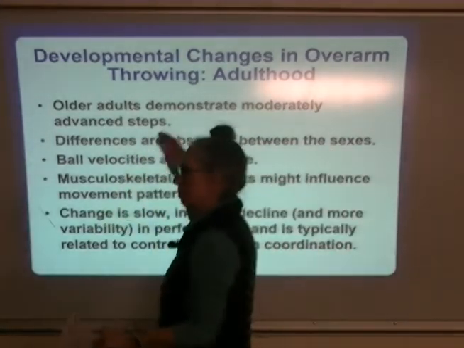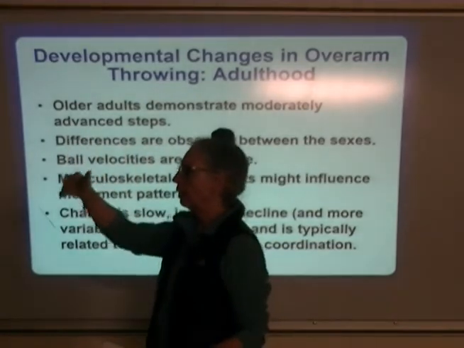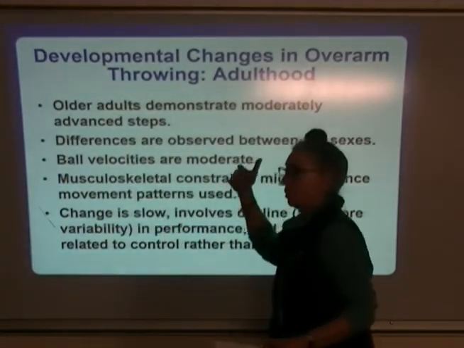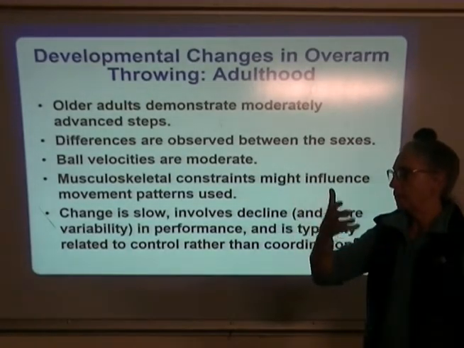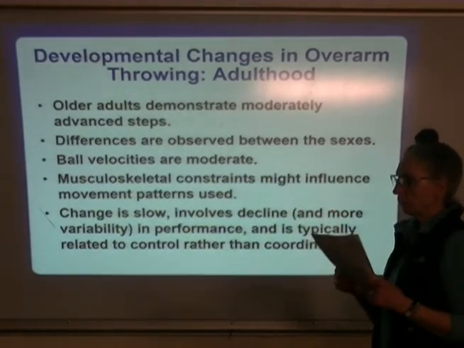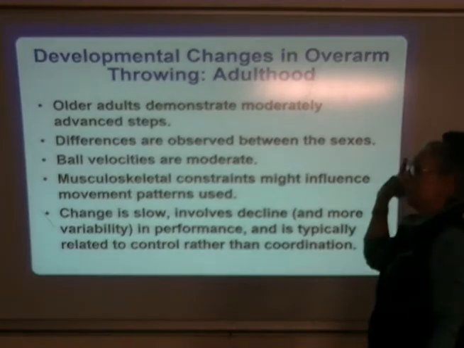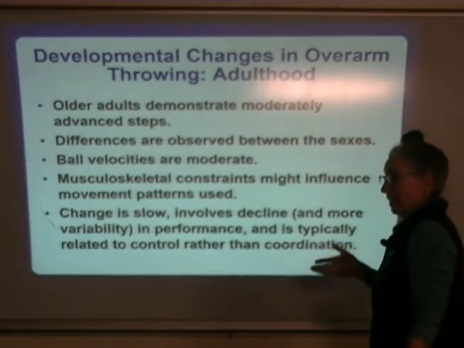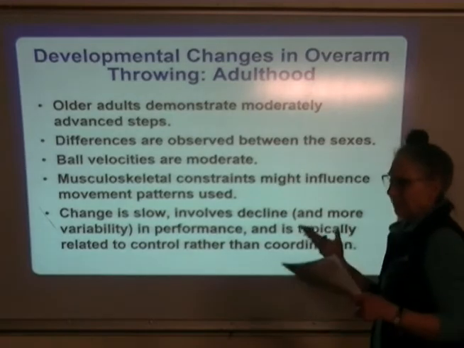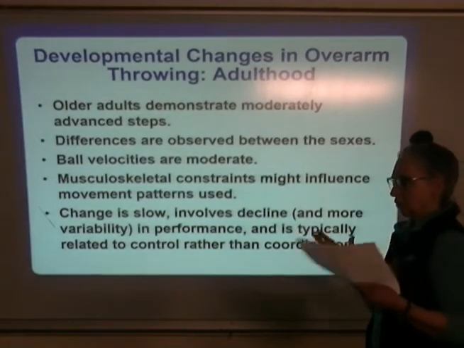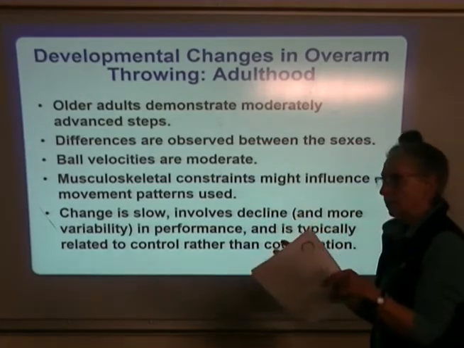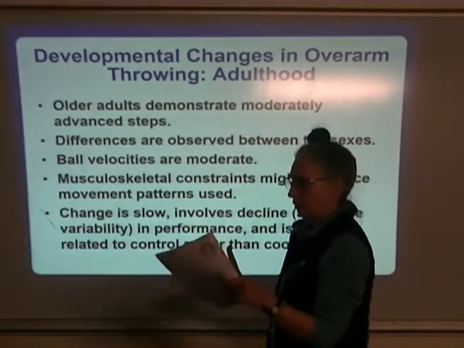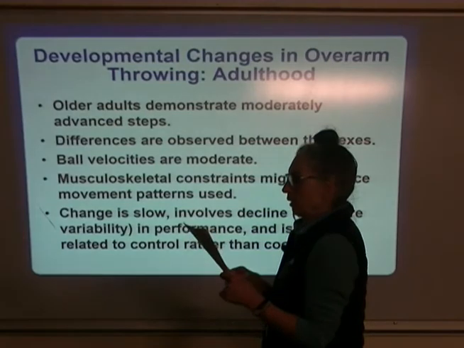It doesn't matter what age group we look at, we see that girls don't throw, women don't throw, as well as boys or men, right? The more experienced the female is with movement and throwing, then obviously the better form she's going to have, but we really don't get an equivalency at any point.